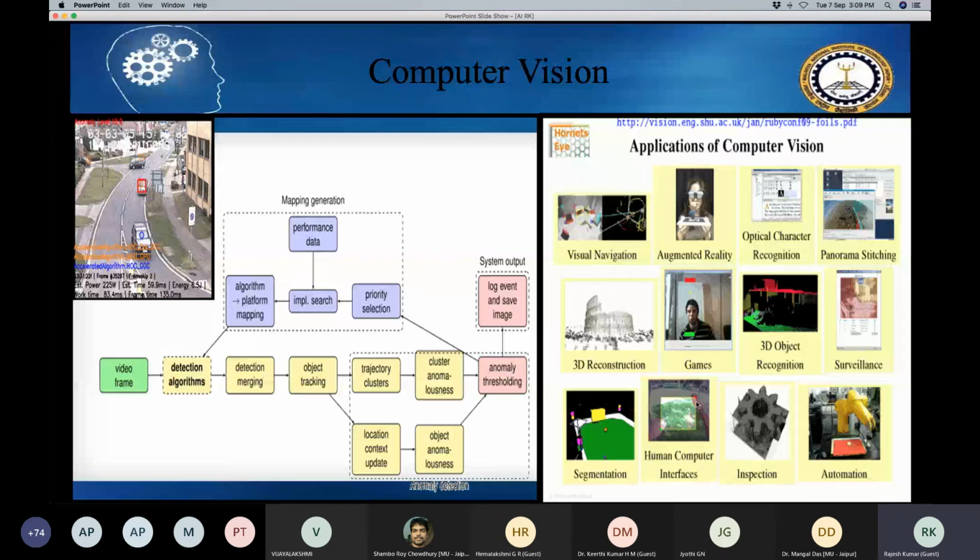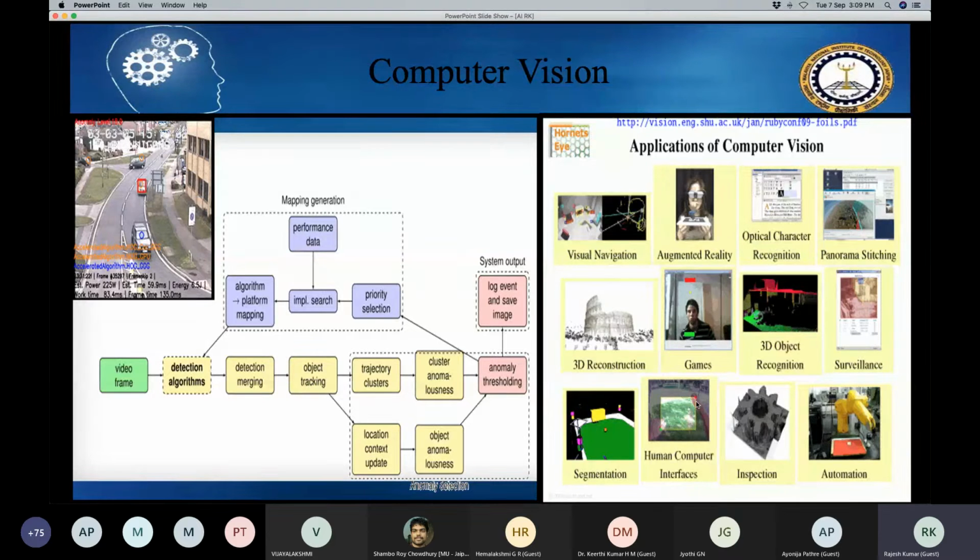Computer vision. Many of the applications, I think, you have either seen or you are using. On the right side are some of the applications of computer vision. You can say visual navigation, when your bot has a camera on it and tries to identify where the obstacle is.